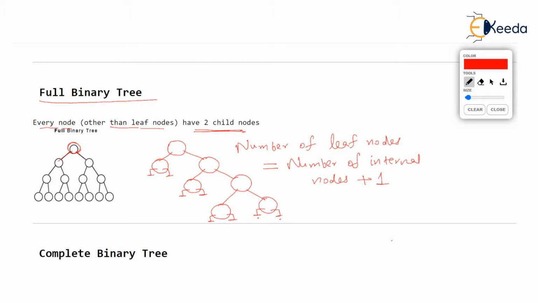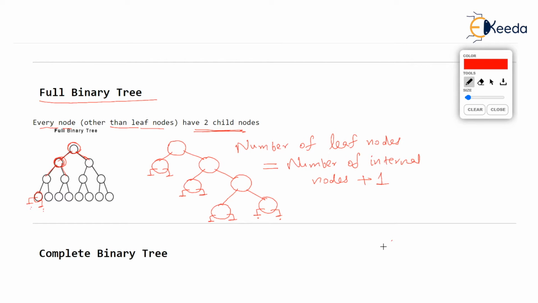So if you have a node, this is also non-leaf, it should have two children. So a node can have two children or zero children. When will you have a node with zero children? If it is a leaf. So except for leaves, all nodes should have exactly two children.